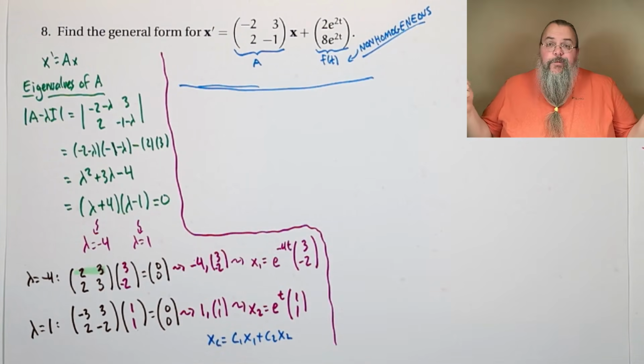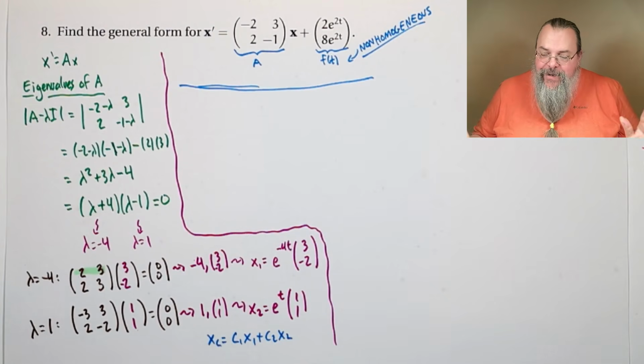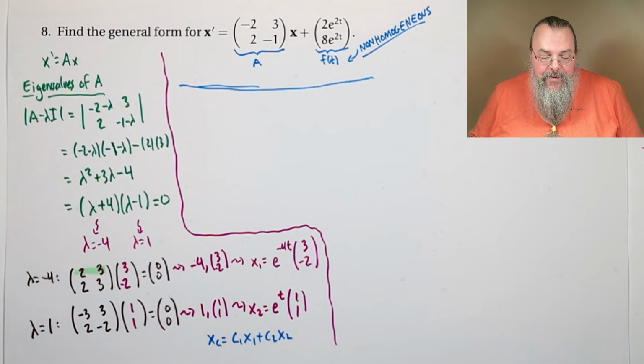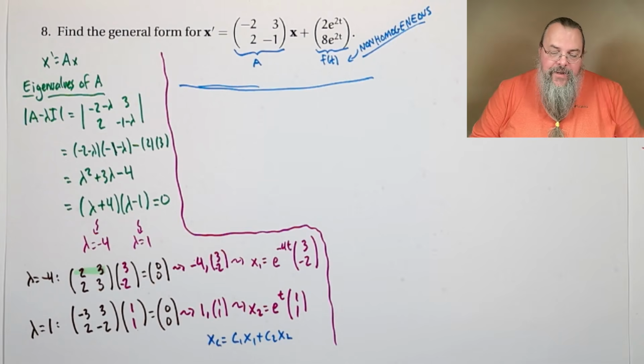And we see something pretty nice, e to the 2t. That's something that could come out of a differential equation. And so we say, okay, since it's something nice, let's use that to our advantage, and we'll do our method of undetermined coefficients. And so that's where we begin.